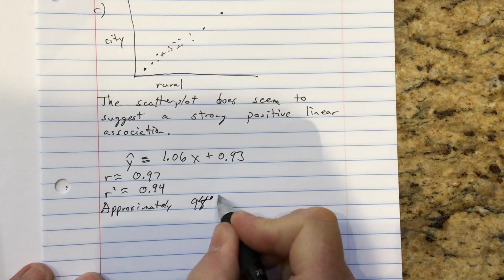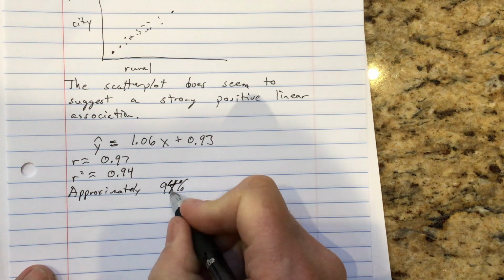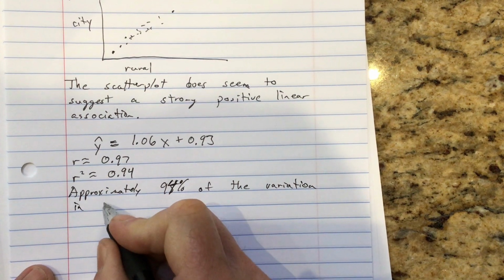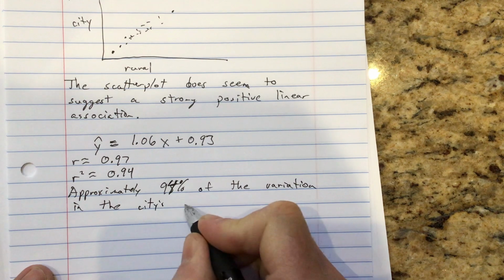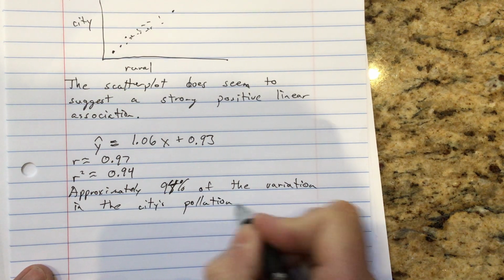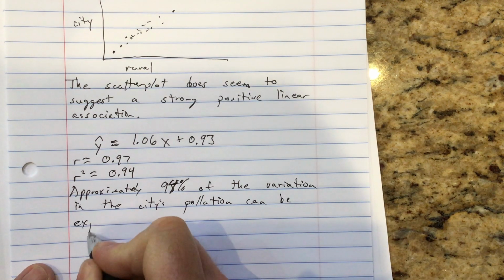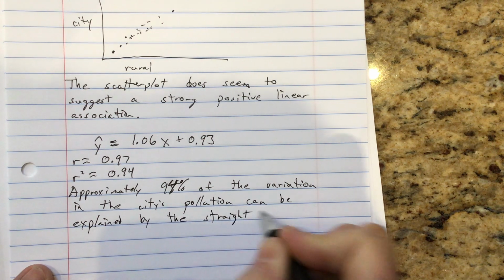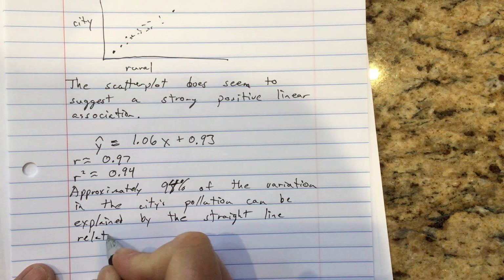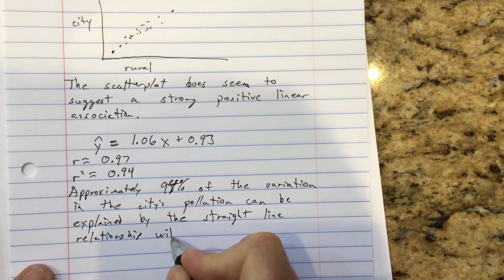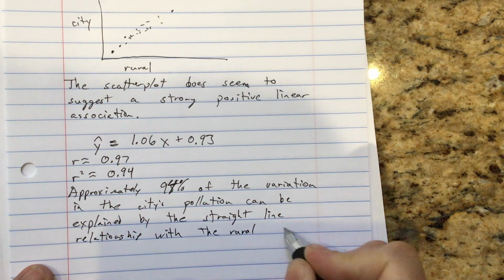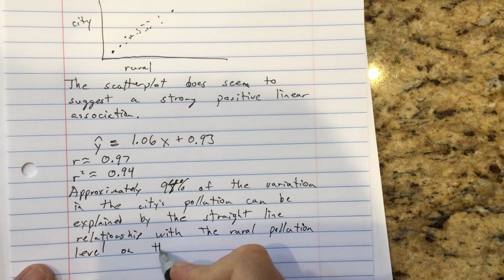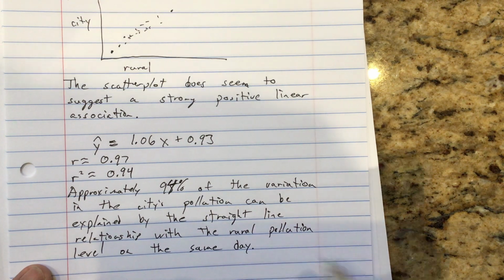Oops, I wrote 95. 94% of the variation in the city's pollution can be explained by the straight line relationship with the rural pollution level on the same day. Okay.